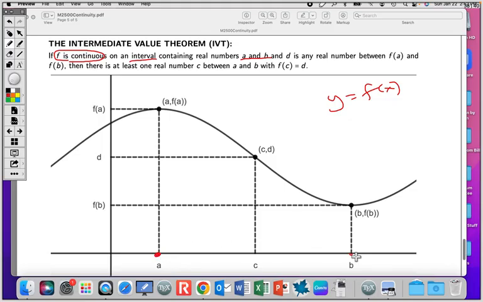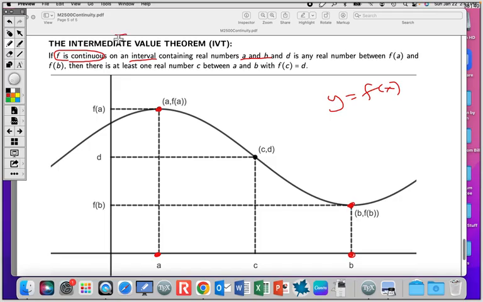It's defined on the interval. So here's a comma f of a, and here's b comma f of b. And the fact that f is continuous means that when we go to draw the graph of f, it's a nice connected curve. There's no jumps, there's no gaps, there's no holes in the graph. It's a nice connected curve.